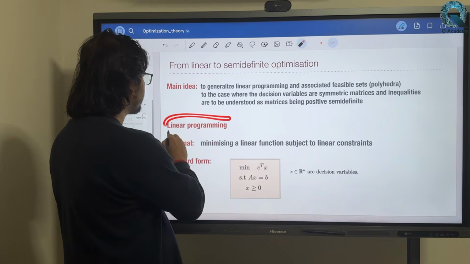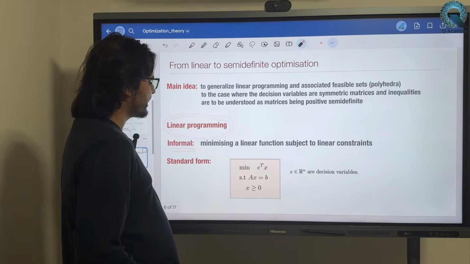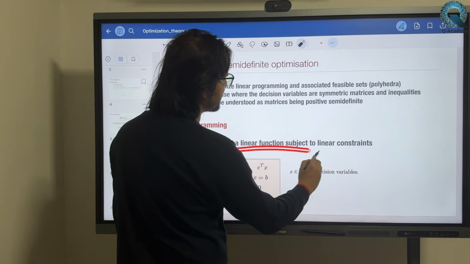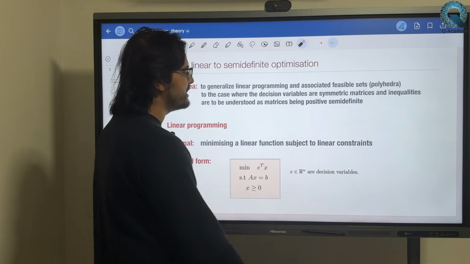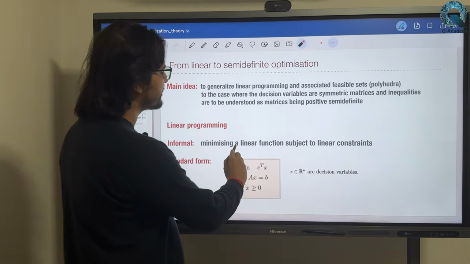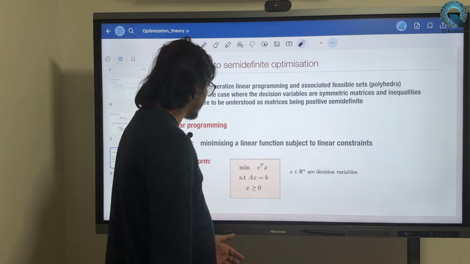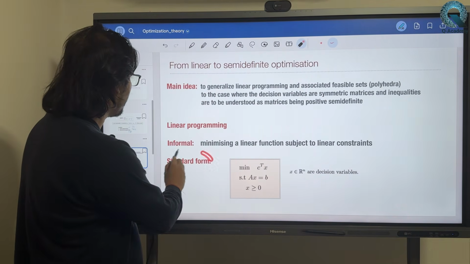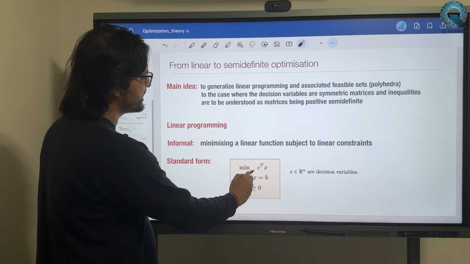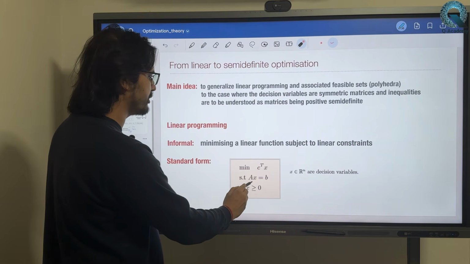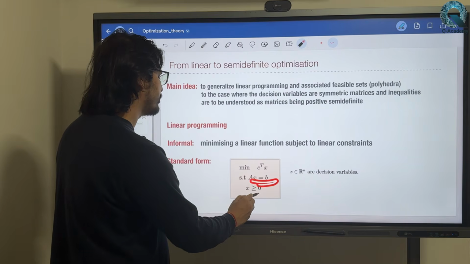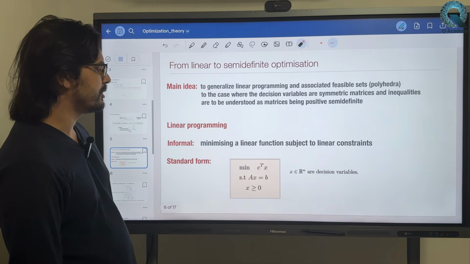Okay, so linear programming, informally, corresponds to minimizing a linear function subject to linear constraints. The standard form of linear programming is: minimize C transpose X such that Ax equals B, X greater than or equal to 0.